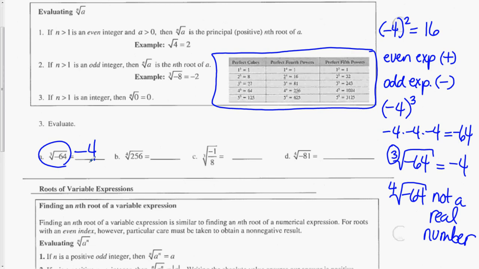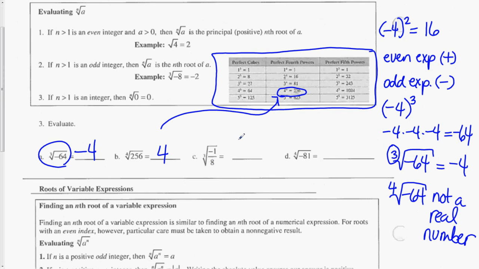All right, the fourth root of 256, so I need a number times itself 4 times is 256. If I look up here at this chart, I'm looking at fourth powers. 4 to the 4th power, it's kind of hard to read, but 4 to the 4th power equals 256. So that means the 4th root of 256 would be 4. All right, the next one, I've got a cube root.